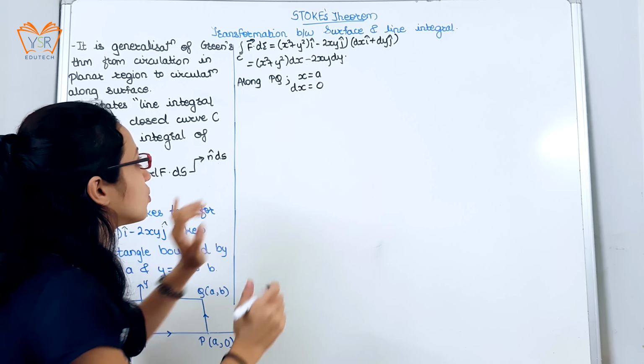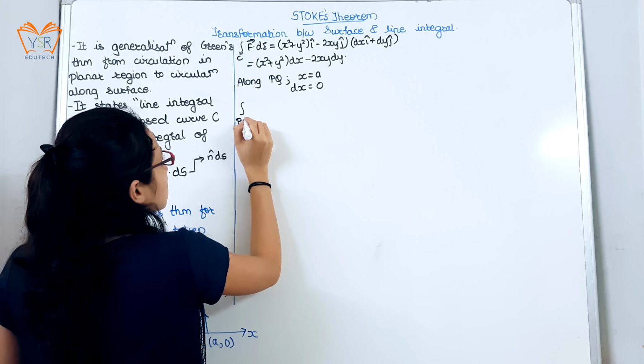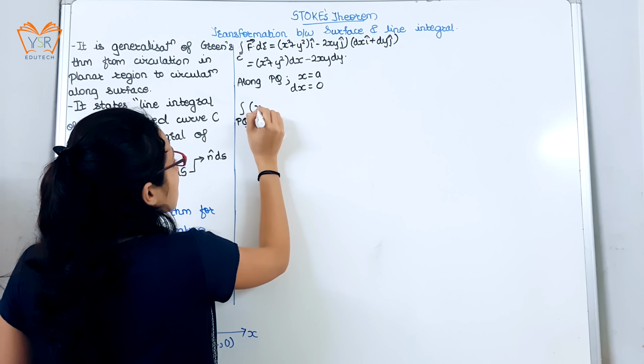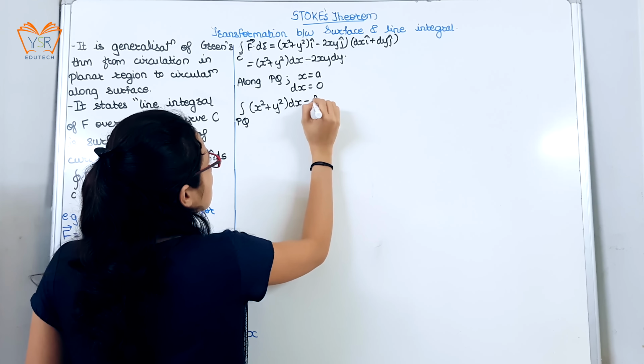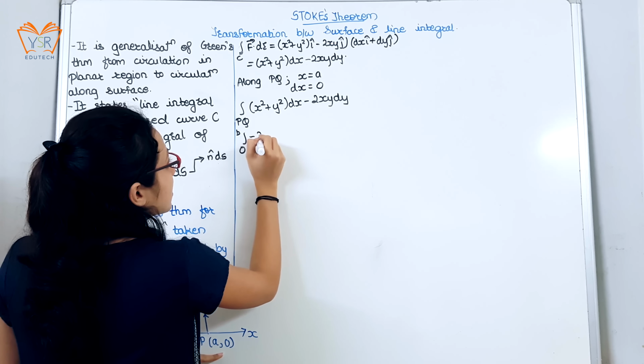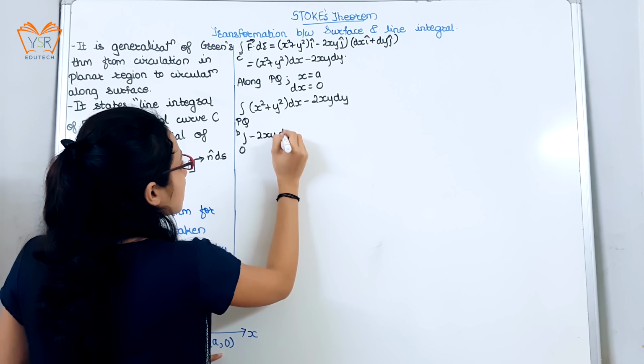We'll substitute the values of x and dx in this integration along the line PQ: (x square plus y square) dx minus 2xy dy. As dx will be equal to 0, the first term will be equal to 0. We'll directly go for the second term, and the limits of y are 0 to b. So here I'll write the integral from 0 to b of minus 2xy dy.